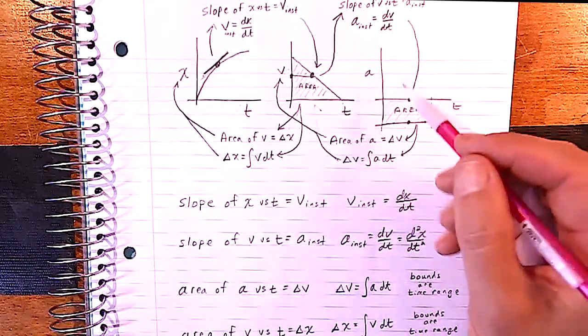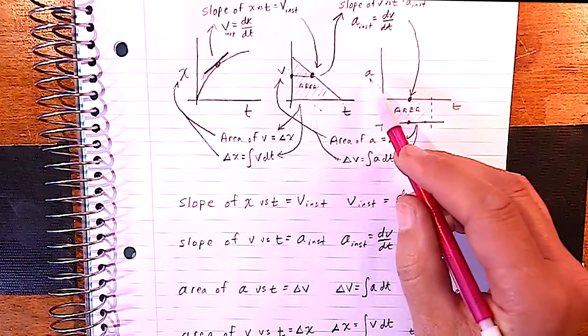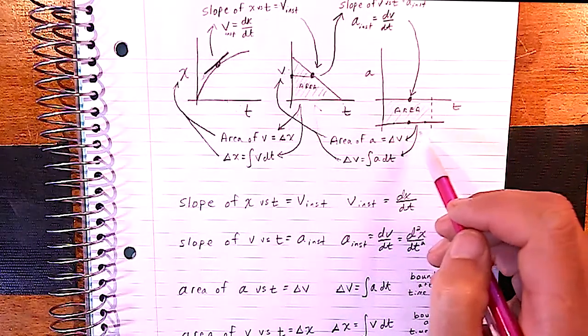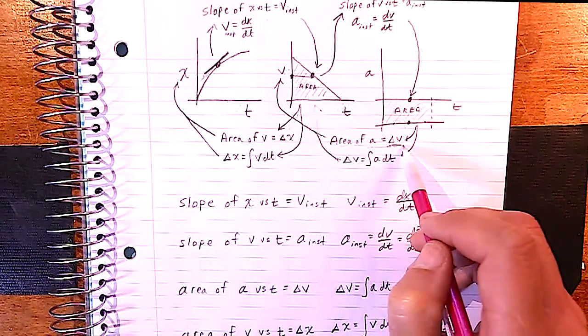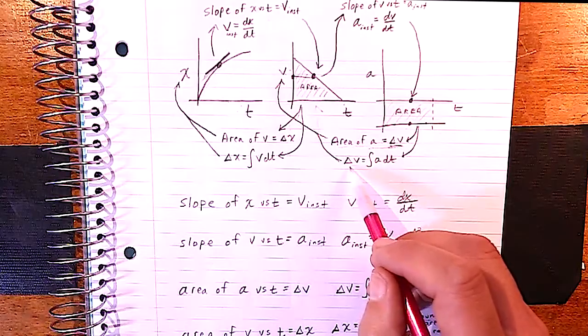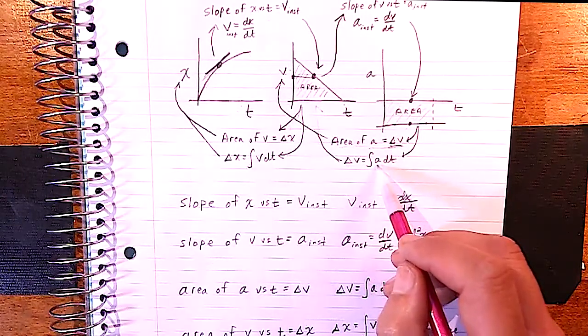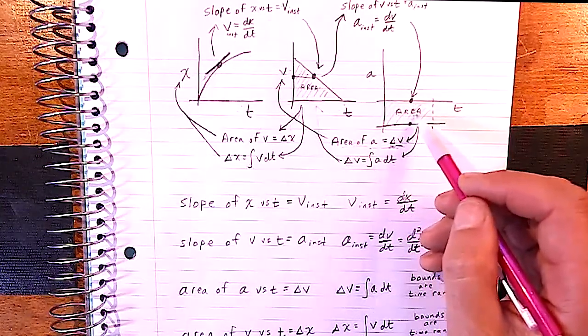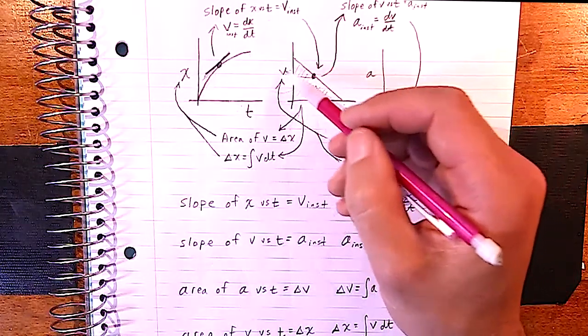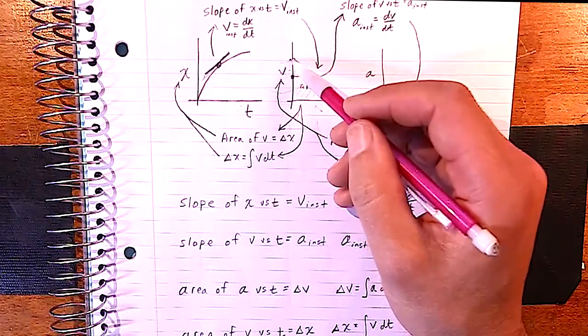Working in reverse, the area under an acceleration time graph is the change in velocity. The area is the change in velocity. That is to say, the change in velocity is the integral of acceleration with respect to time. So this area right here tells us about the change in velocity.